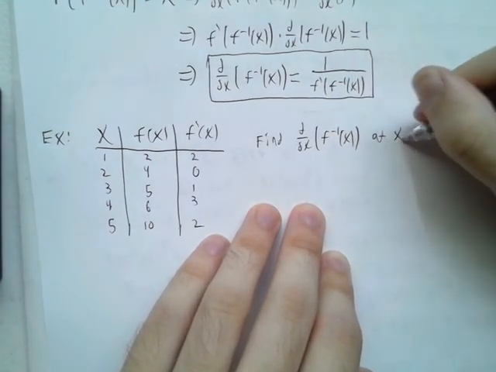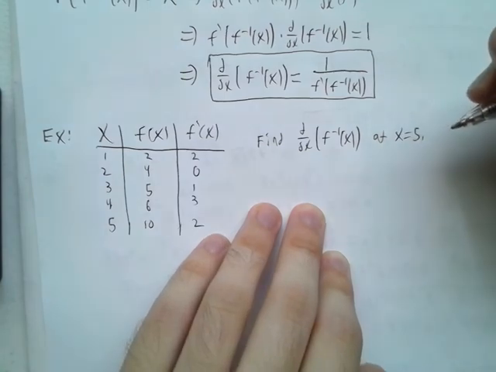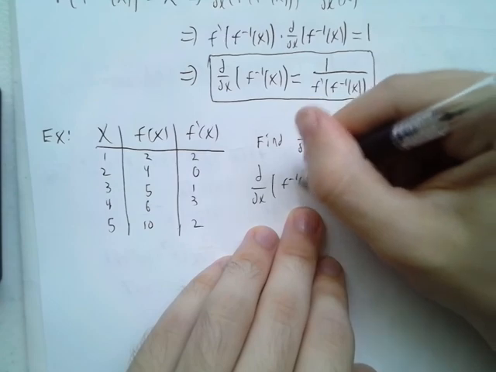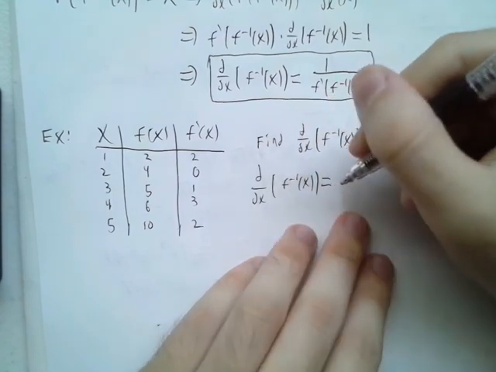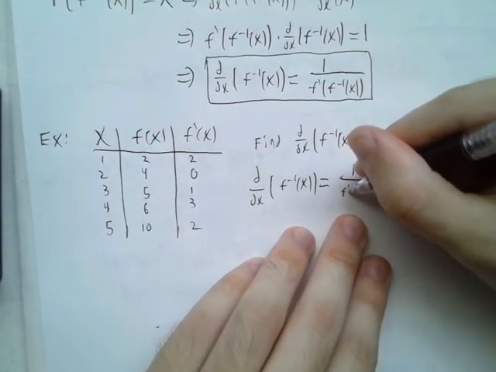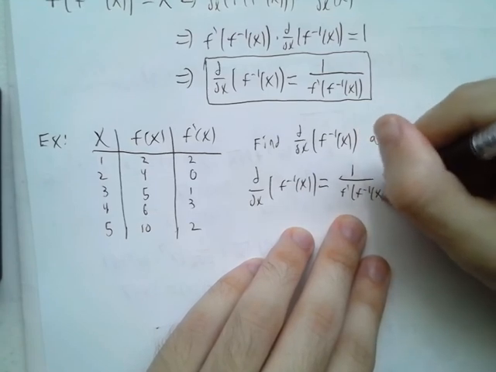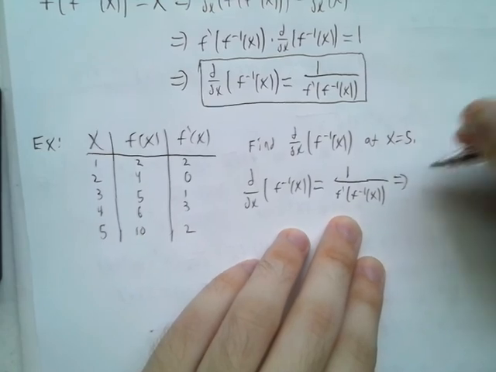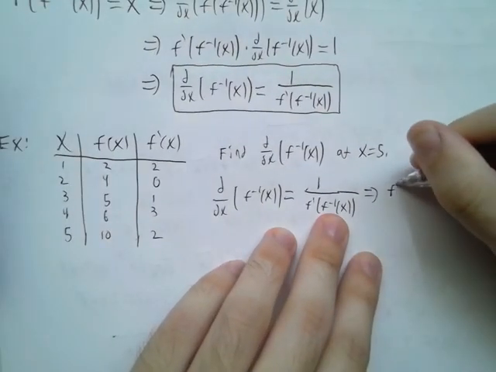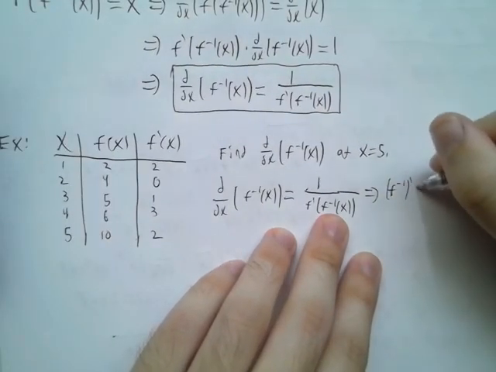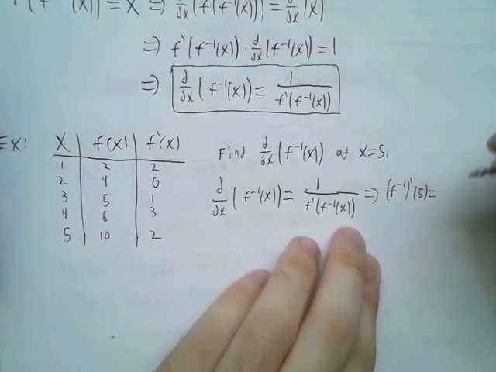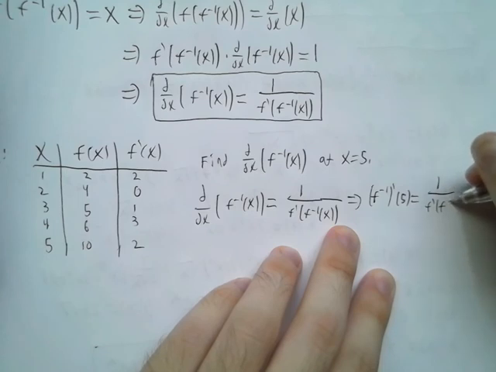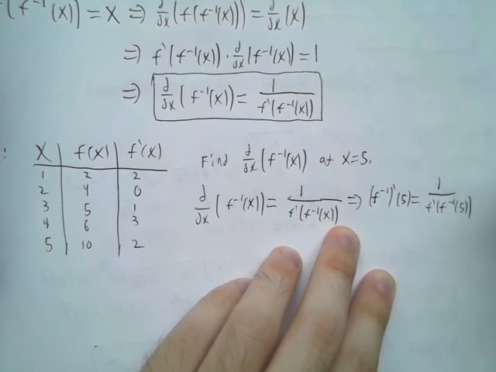Well, we can use the formula that we just derived. The derivative of f inverse of x should be equal to 1 over f prime of f inverse of x. And so that means, in particular, that f inverse prime of 5 is equal to 1 over f prime of f inverse of 5.